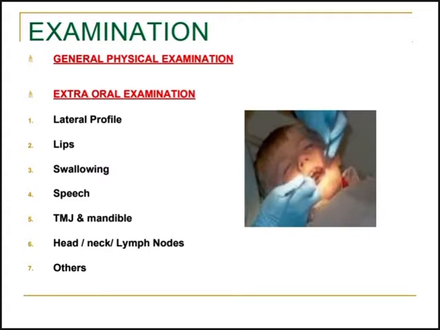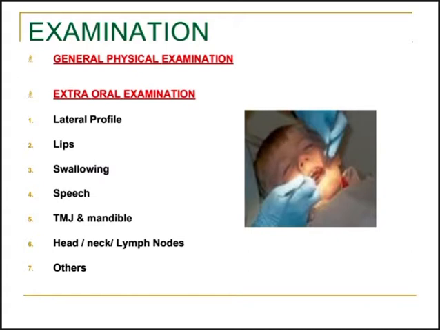Then which is the second point? Point A is the deepest point on the lateral convexity of the maxilla. That means the point which is below the nose, at the deepest point. So that will be your point A. Then you have the third point, the most prominent point, the midpoint on the chin area.